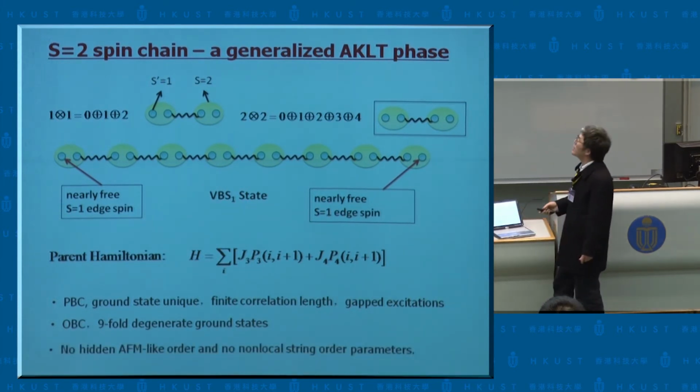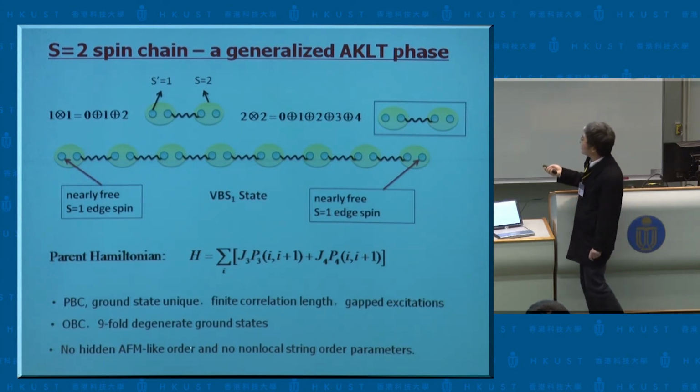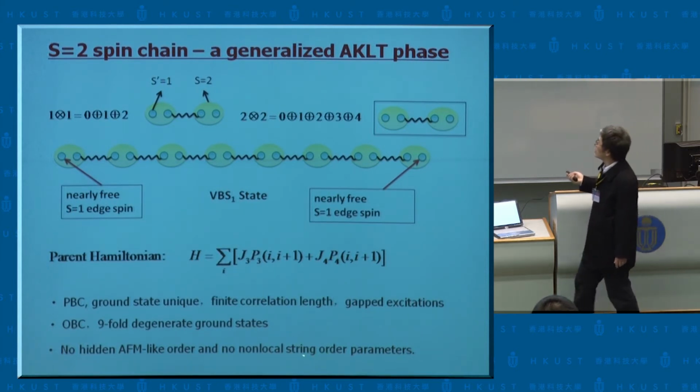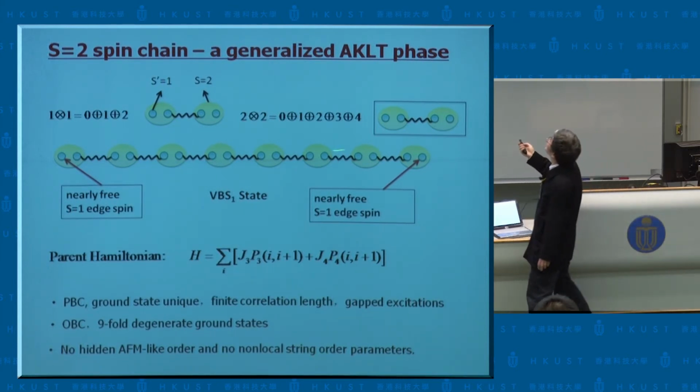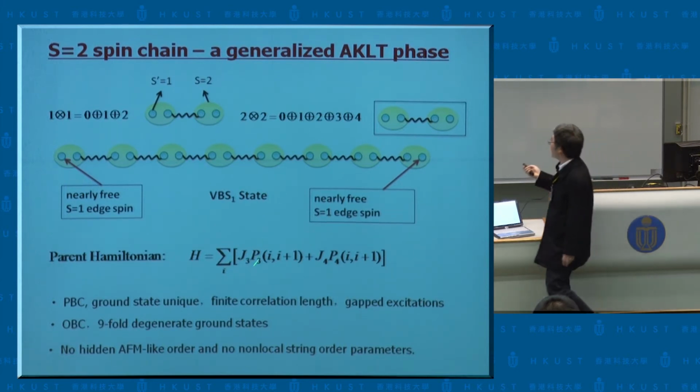However, in the spin configuration for such states, one cannot find a hidden antiferromagnetic-like long-range order, or a non-local string order parameter. So what's happening to this spin 2 VBS state?